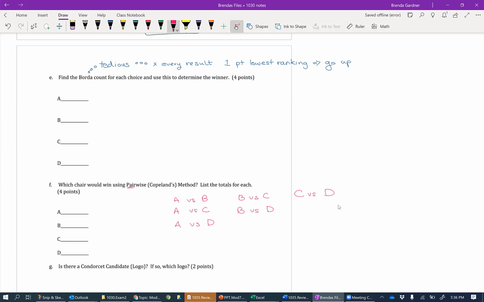So you can see this kind of a step model or whatever. And you're going to give 1 point to the winner, and a half a point if they tie.